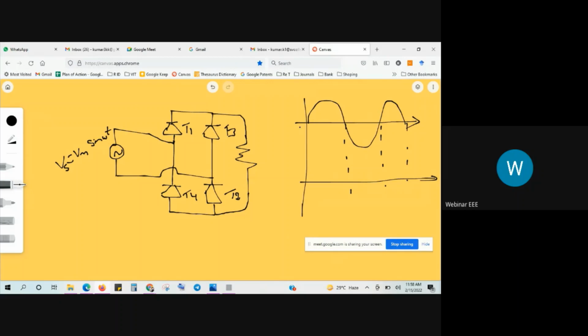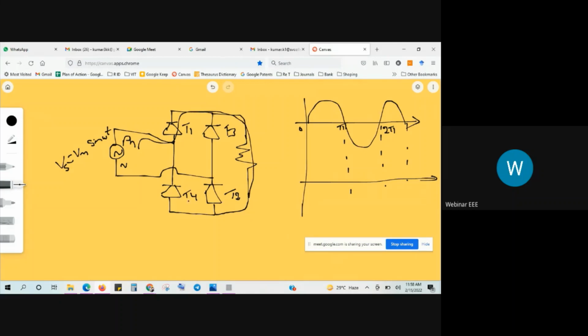During the positive off cycle, that is 0 to pi, this is phase, this is neutral. The phase is connected to T1 anode, neutral is connected to T3 anode. So T3 is in reverse bias condition. We have only one direction, that is current will go from phase to T1 to my load.